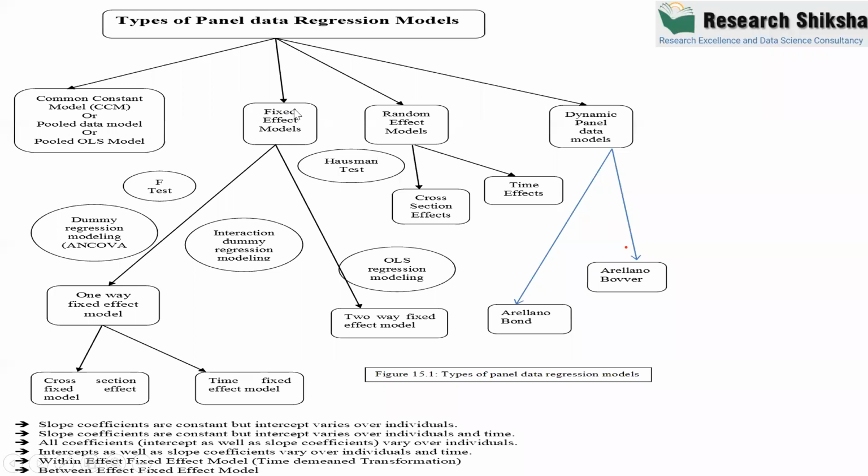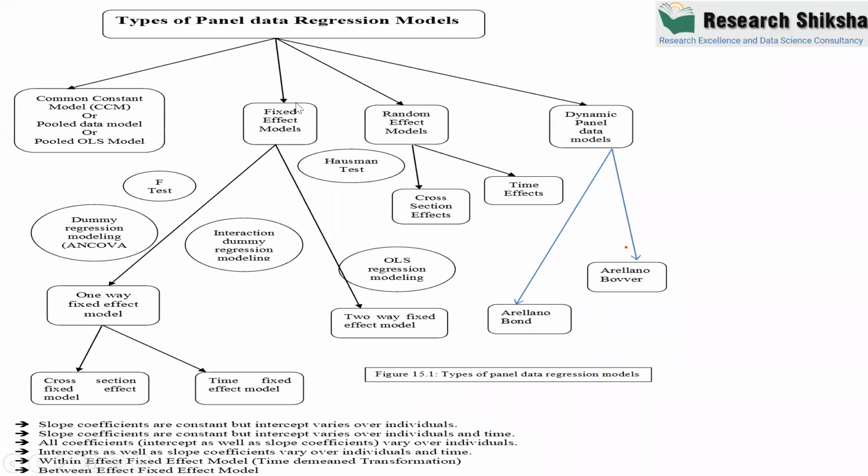In fixed effect, we have different types. We have the within effect, we have the between effect, and we have the effect with respect to the intercept, or the effect with respect to the intercept and the slope coefficient. And we have another feature also, like the effect of time and the effect of the cross section.